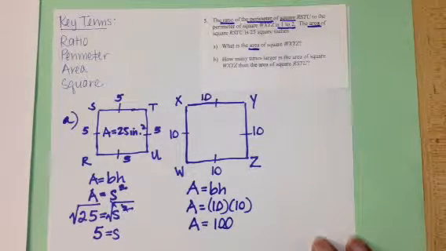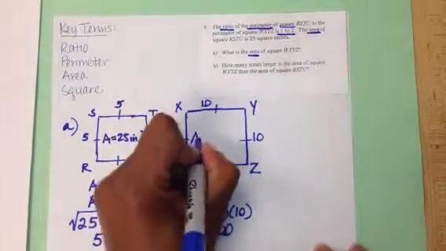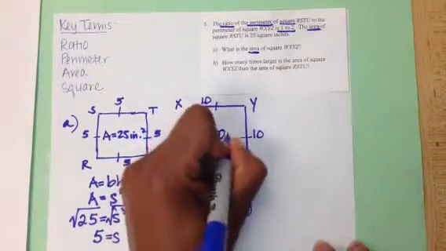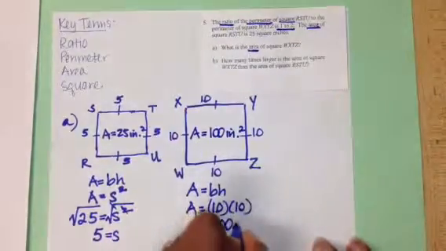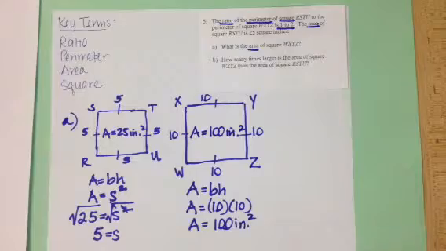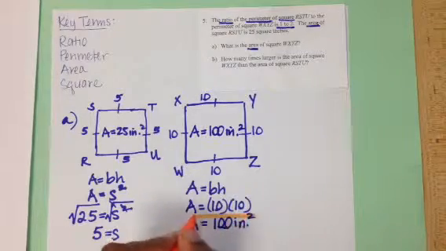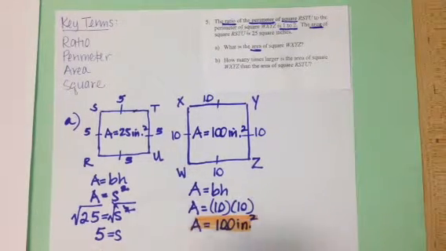So the area of square WXYZ is 100 inches squared. That is our answer for part A.